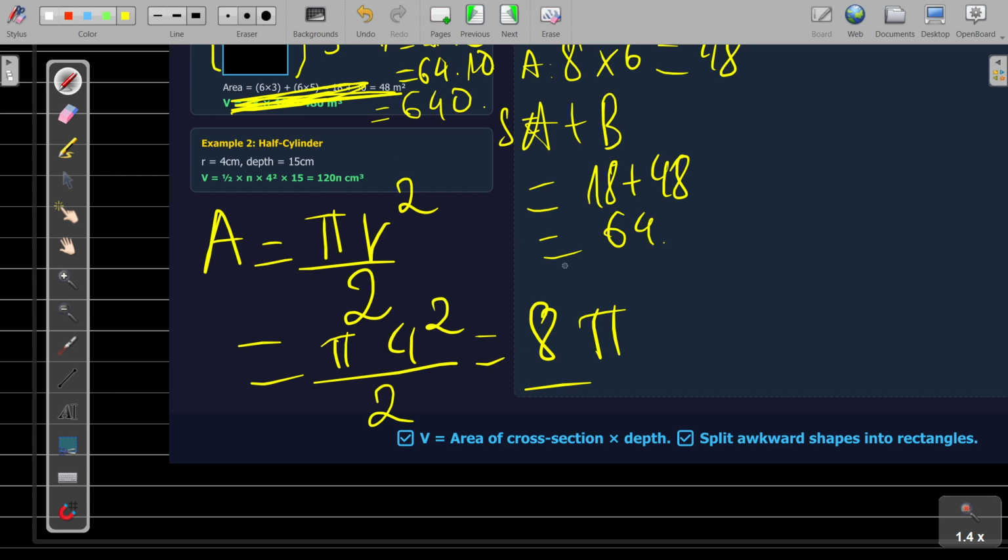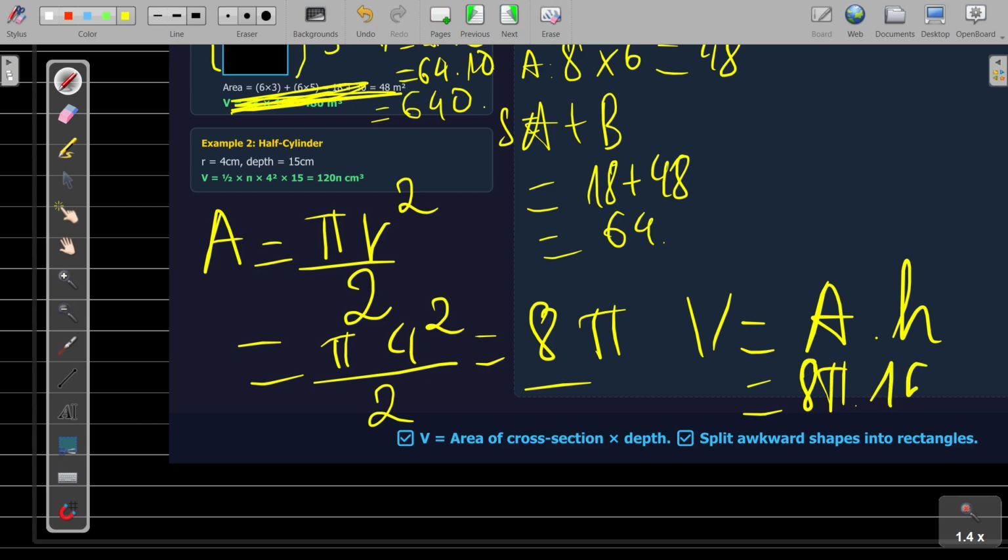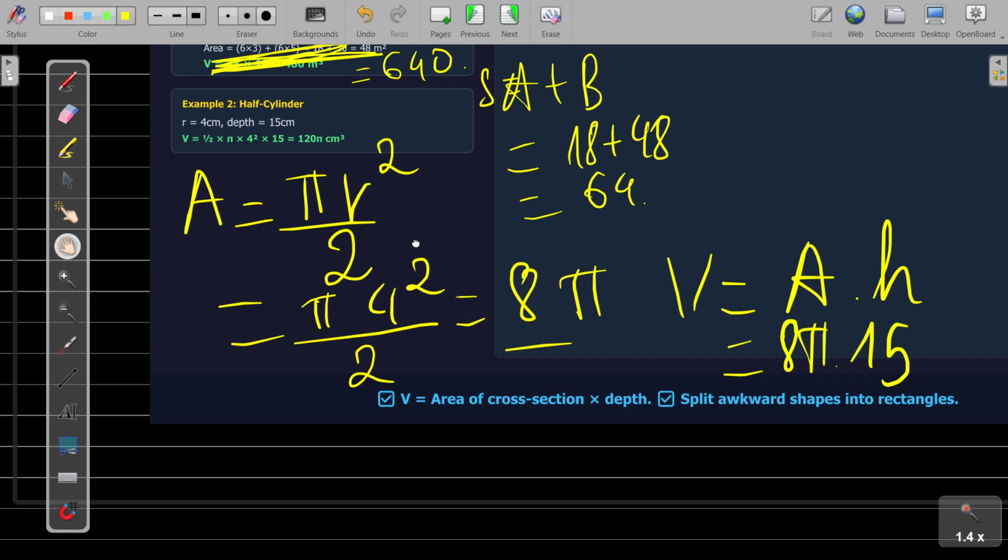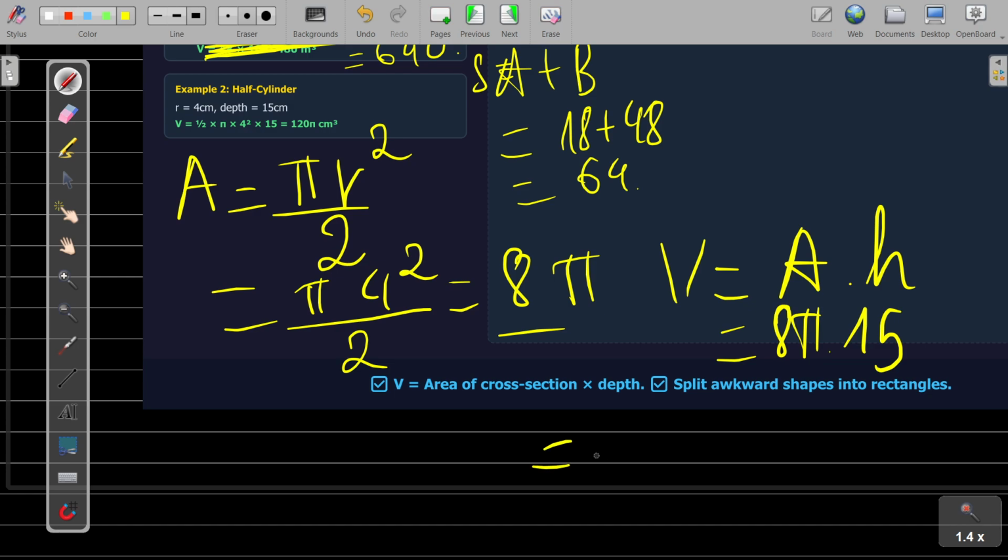Since we found this, we will find that V equals area multiplied by depth. So what is the depth? 15 here. So I apply 8 pi multiplied by 15, and this should give me an answer of 120 pi in terms of centimeters cubed, because we're talking about volume right here.